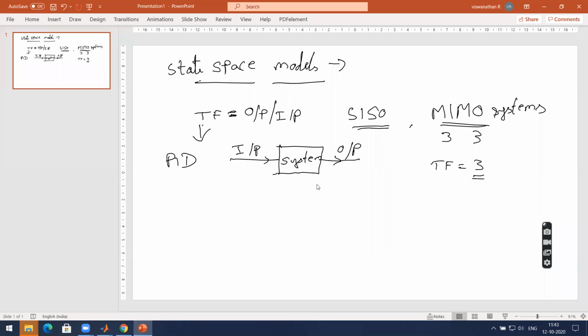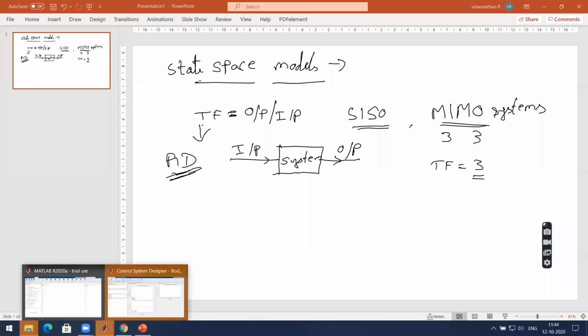Especially for multiple input multiple output systems, if you don't want to use a PID controller and want to use some other controller like model predictive controllers instead, PID is a basic type of controller. There are many other controllers available which you can use.